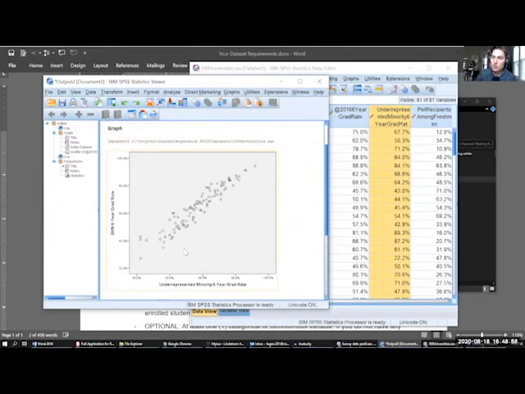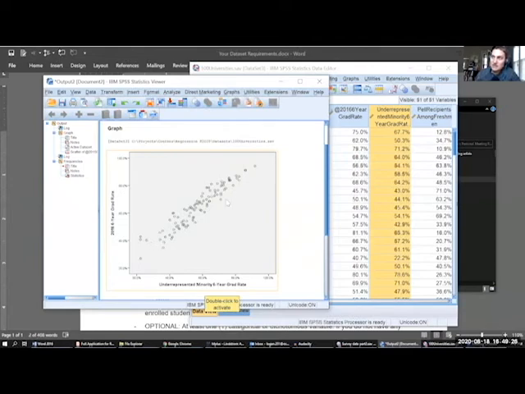Each one of these points is representative of an individual university. So this right here is a university that has a 23% graduation rate for their underrepresented minority students, and about a 25% graduation rate overall, sort of ignoring race or minority status.